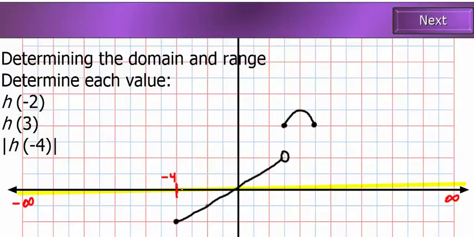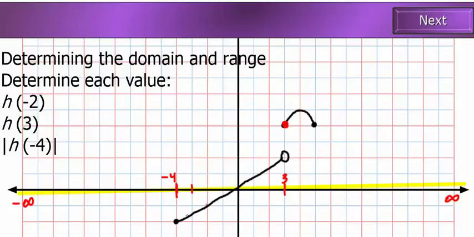And then you can see negative 3 produces an output, and every value between negative 4 and negative 3, every value until we get to positive 3. But even at positive 3, where I think there's an open circle, there's a closed circle.